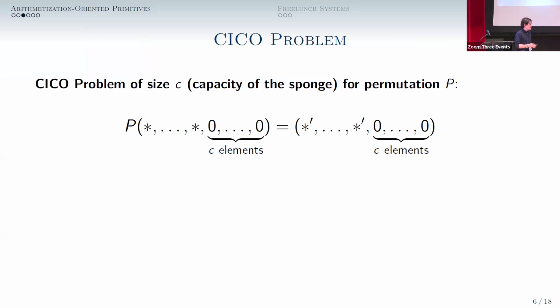Now, to evaluate the security of sponge hash functions, we usually look at the hardness of the CICO problem on the inner permutation. The CICO problem, constrained input, constrained output, is basically you want to get an input-output pair such that the last coordinates of the input and of the output are equal to 0. Generically, you will need to do brute force, and that will require a complexity exponential in the size of the capacity, basically.